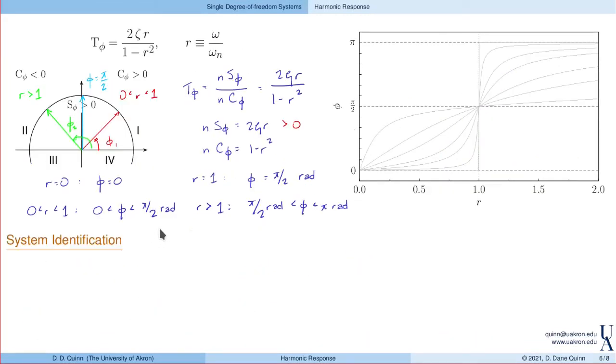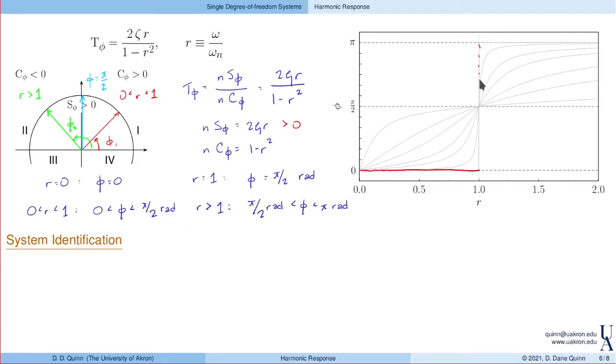So we can plot these as r varies for different values of zeta, just like we did before. And so we'll start off if zeta is 0. Notice that the numerator is 0. So that means that the phase is either 0, or for r equal 1, pi over 2, or if r is greater than 1, pi. So we have a discontinuity in the response.